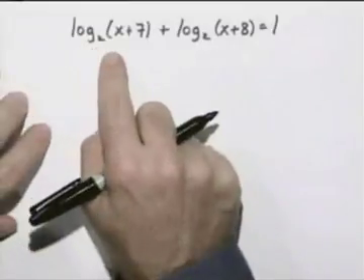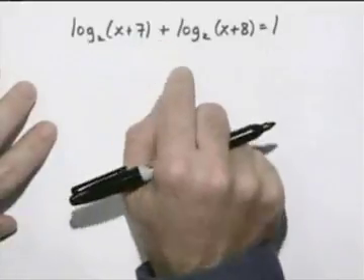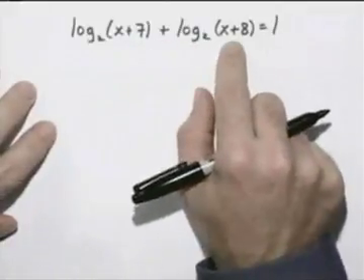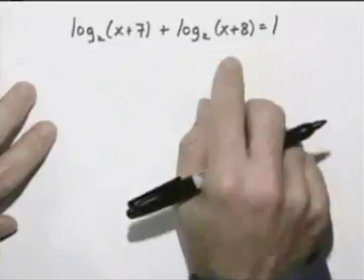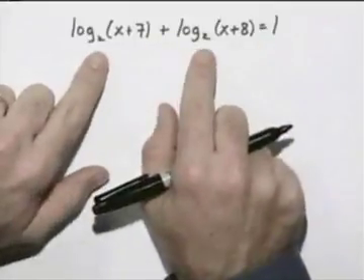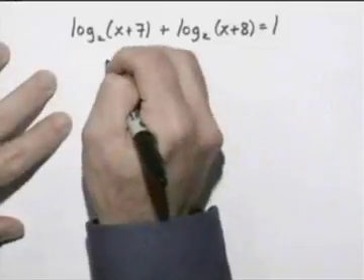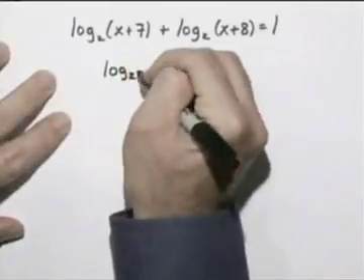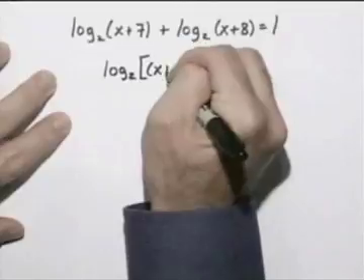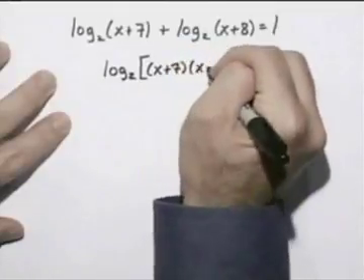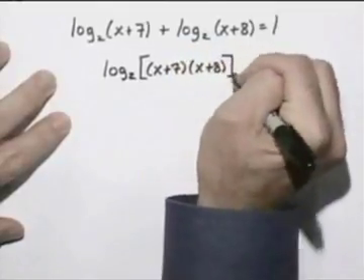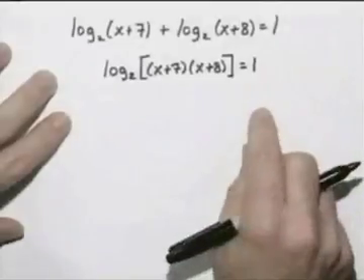Consider log base 2 of x plus 7 plus log base 2 of x plus 8 equals 1. Notice that we're adding two logarithms that have the same base. Therefore, we can write this as log base 2 of (x plus 7) times (x plus 8) equals 1.